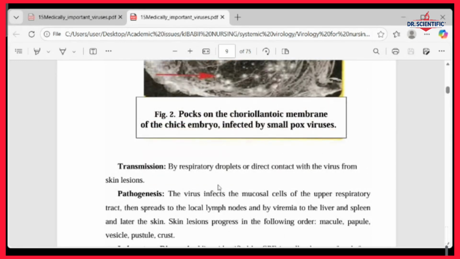So it can spread by respiratory droplets or direct contact with the virus from skin lesions. The virus infects the mucosal cells of the upper respiratory tract. And then, if it is not limited, it will spread to the local lymph nodes and via the blood, it would cause what we call viremia, then reaches the liver and spleen, and later the skin.